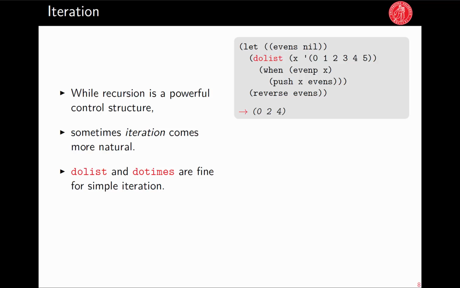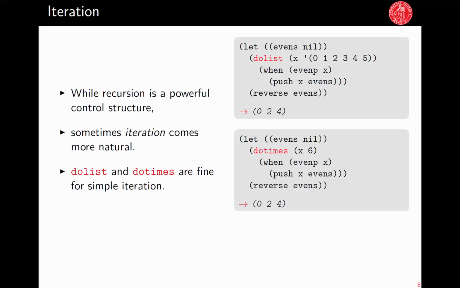And push is one such example. So push will destructively add x onto the list evens in this case. And once we've gotten to the end of the list, x has been bound to all elements in the list, and we exit the dolist expression, we return the result of reversing this list of even numbers that we've built up.